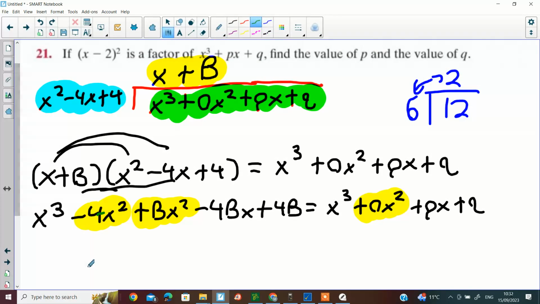Yeah. Who got 4 for B? Okay. B equals 4.